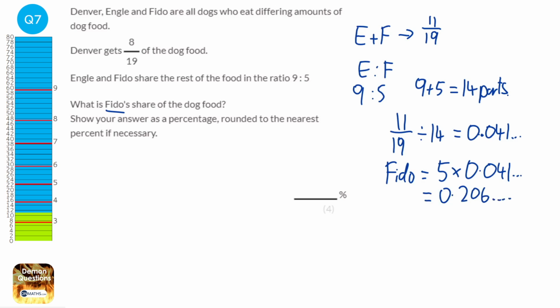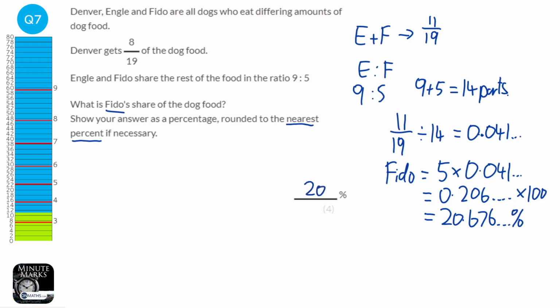Now we're asked to work it out as a percent, so I'm just going to times that by 100. So we have 20.76 and so on percent, and it wants it rounded to the nearest percent, so that would be 20%, or actually it would be 21%, because this would round it up, so 21%.